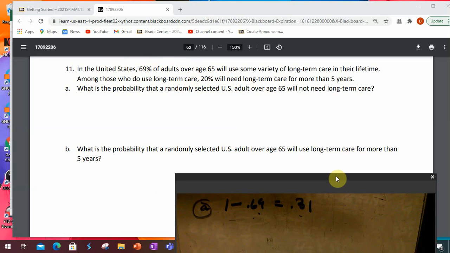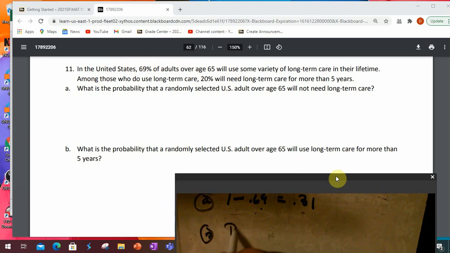So this is saying, what is the probability that a randomly selected adult will need long-term care, and then the probability that it's greater than 5 years, given that they need the long-term care.